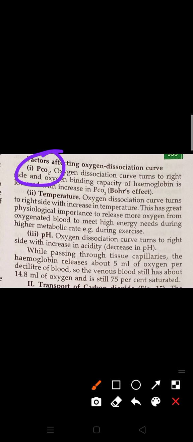And children, whenever dissociation of oxygen happens in tissues, this was explained by one scientist, Bohr, and this information is very important.